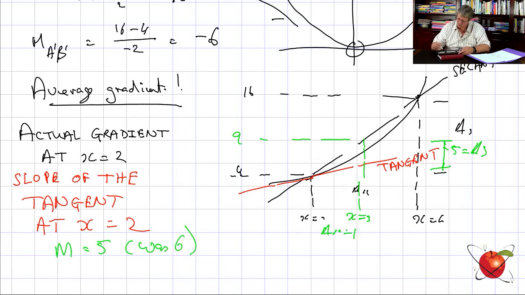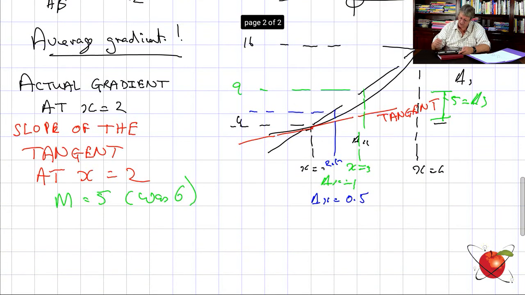Now, that's there. But what if I put in the next one, and let's call that blue, at x equals 2.5? You can see all I'm doing here is making delta x now 0.5. And if I put in 2.5, I end up with 6.25.